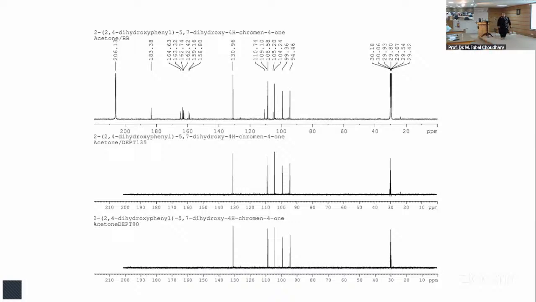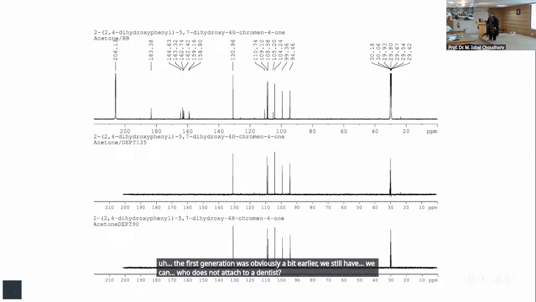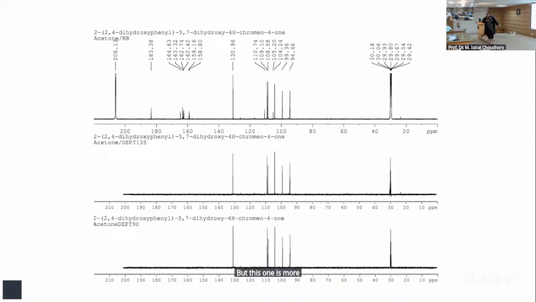What is the difference between DEPT and APT? Okay, the attached proton test was the first generation of these experiments. We can still run the attached proton test, but DEPT is more sensitive. It's a more advanced pulse sequence.